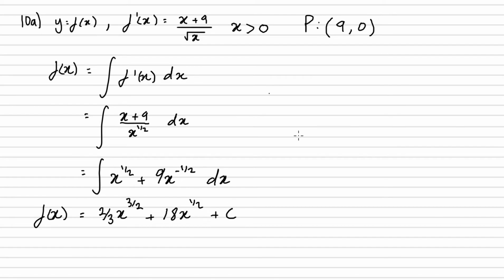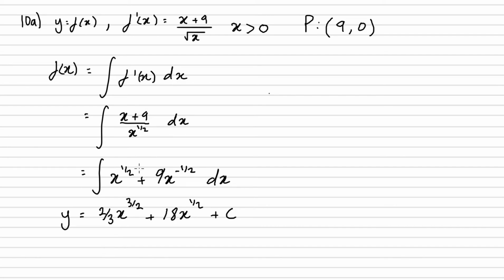What we can now do is use the coordinates of the point that lies on P in order to find c. Because we're told that y equals f of x, we can simply say y equals 2/3 x to the power of 3 over 2 plus 18x to the power of a half plus c. And now we can substitute y as 0 and x as 9 to find c.